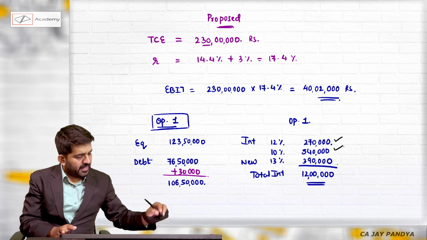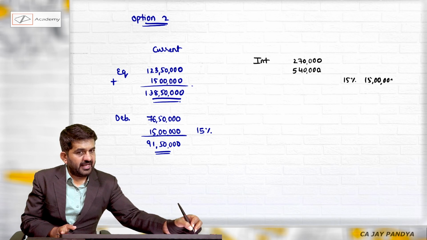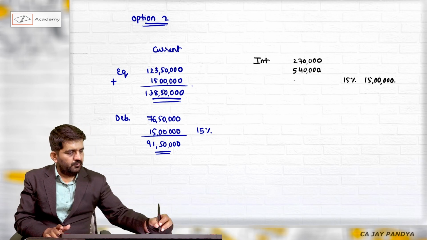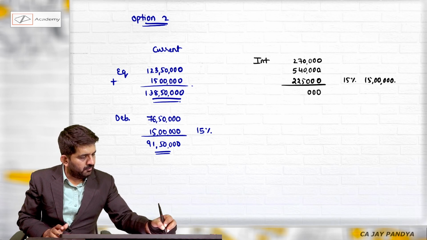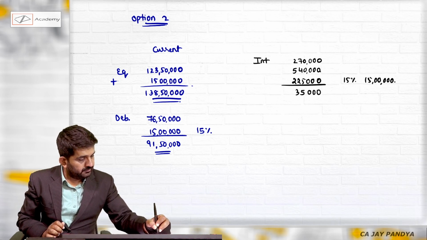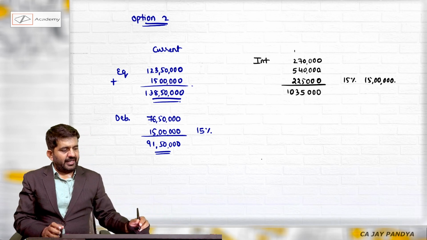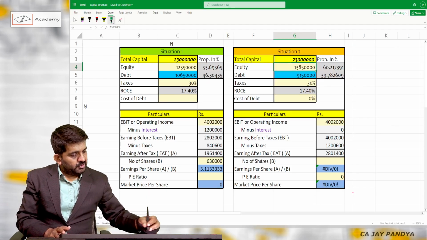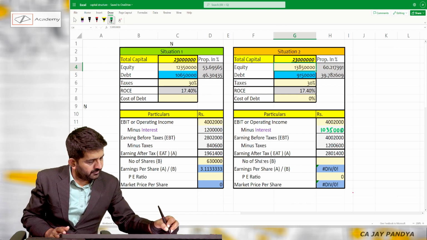But new debt of 15 lakhs is of 15%. 15%, 15 lakhs rupees debt, which is 2,25,000. Total will be 10,35,000. So interest will be 10,35,000.